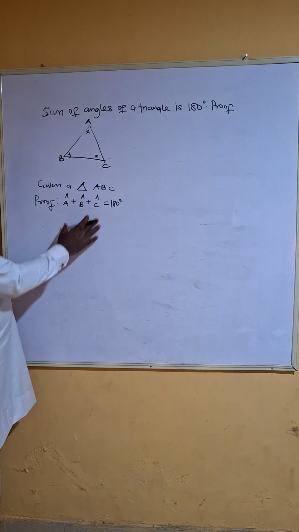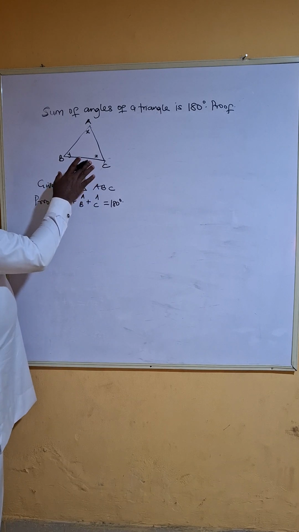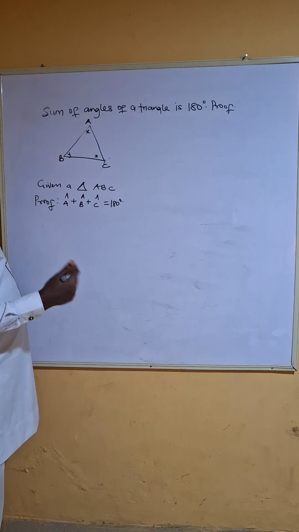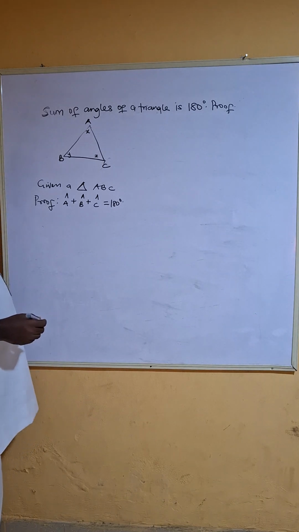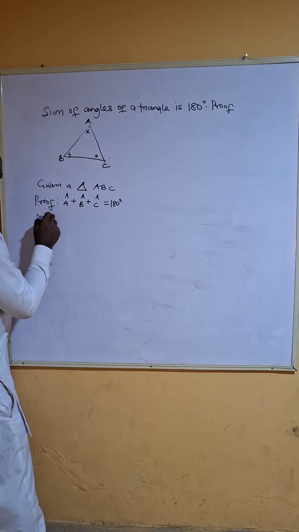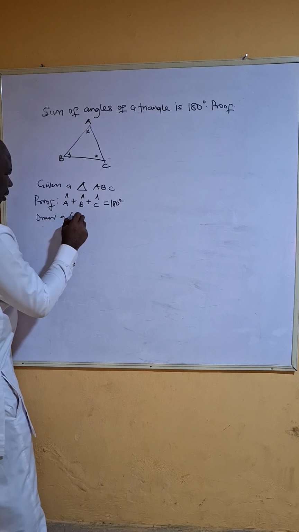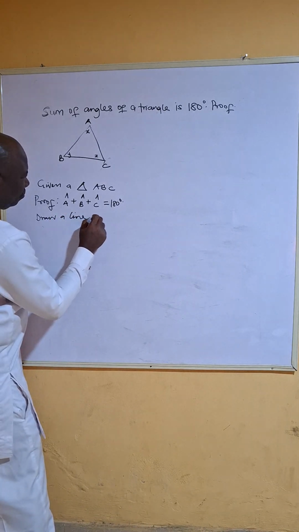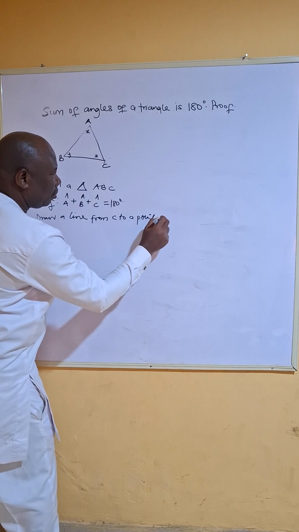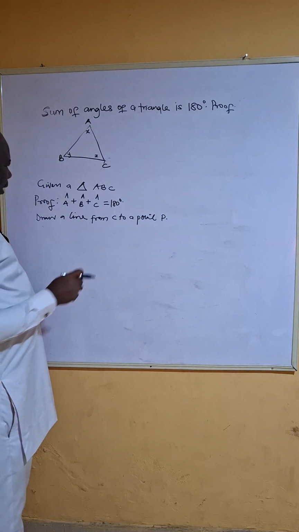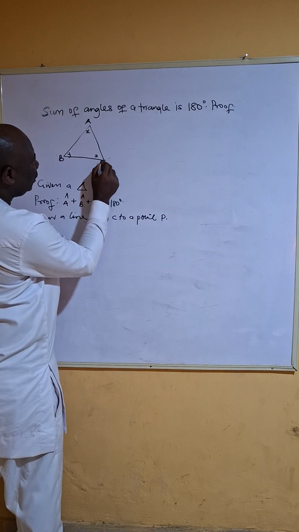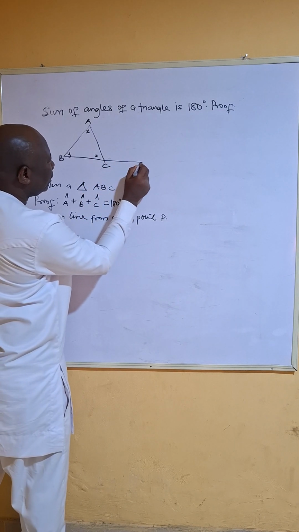But before we can proceed, we need to add some lines to this diagram so as to make our proof easy. And what are those lines? It states here, draw a line from C to a point P. Draw a line from C to a point P. That is, this line from here, we draw a straight line.